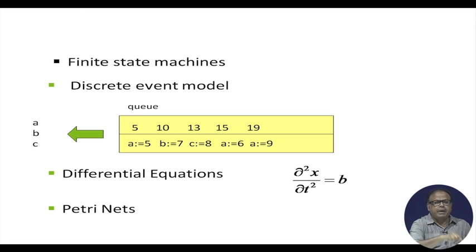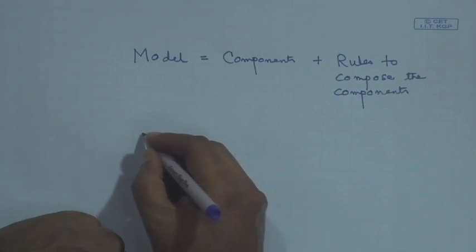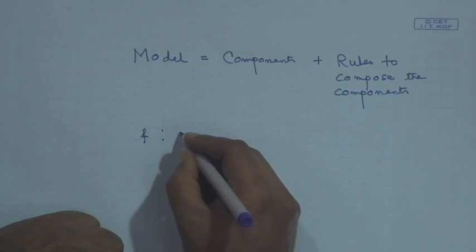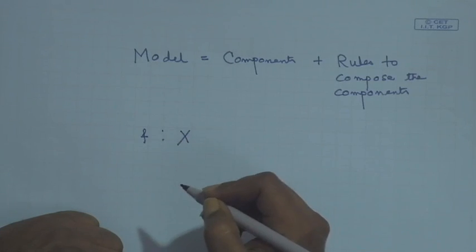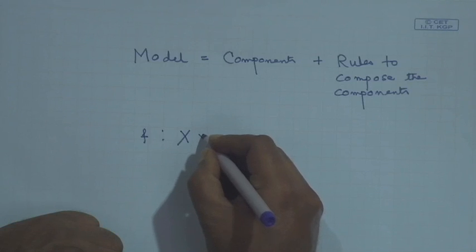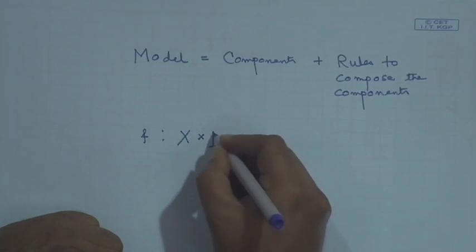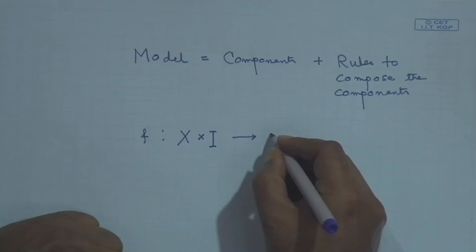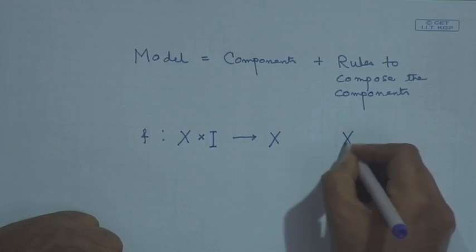One function is the state transition mapping, that given a particular state and a particular input, I can have a function, say f, which maps from the state x and input to the next state, where x is a set of states.